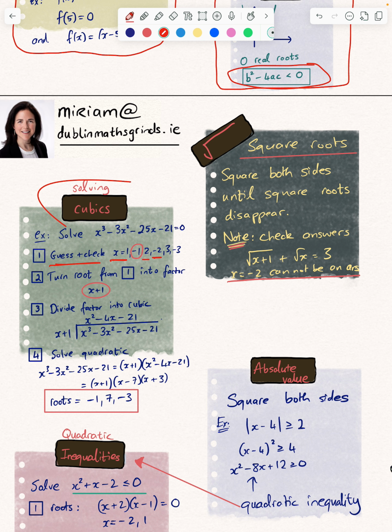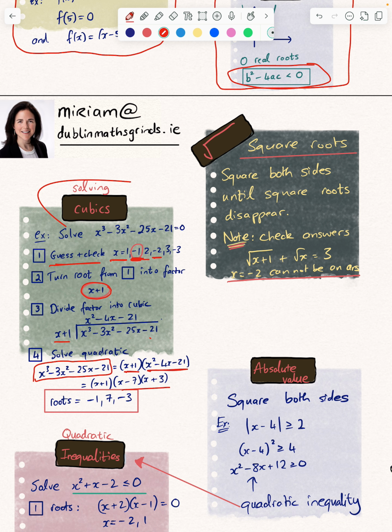If you find a root, like for example that minus 1 is a root, turn the root into a factor, x plus 1 is a factor, and then divide the factor into the cubic. When you do that long division, the cubic is equal to x plus 1 times the quadratic on top. That's what the division gives you.